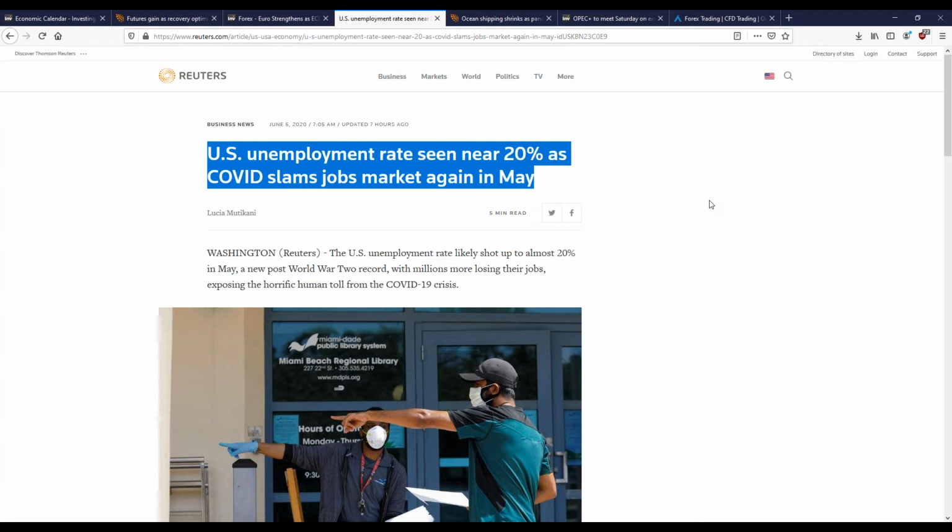And then what if the jobs numbers look better than expected? Even with an unemployment rate jumping to 20%, you could see the markets react positively again, even more so than they already have. Now, the opposite could be true as well. What if unemployment rate comes in at 23%, or the jobs numbers are not as good as everyone's anticipating?